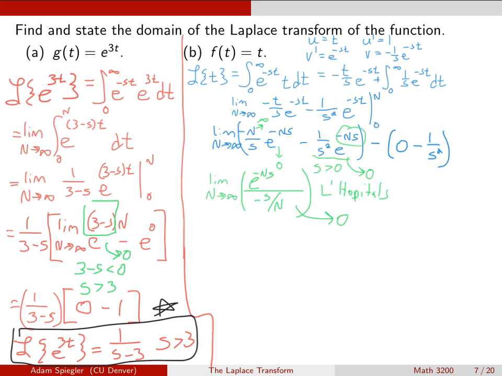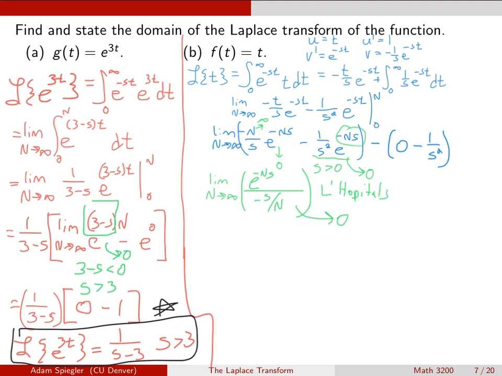And the short answer is the rate at which e is heading to 0 is faster than the rate at which n is going to infinity. So this term dominates this term over here, and altogether this product is going to head to 0. So as long as s is a positive number, then both of these limits are going to converge to 0.